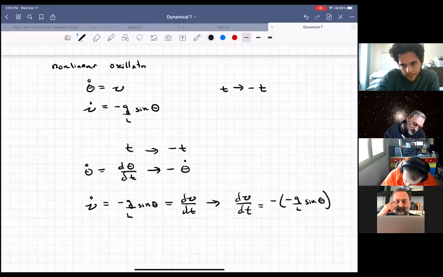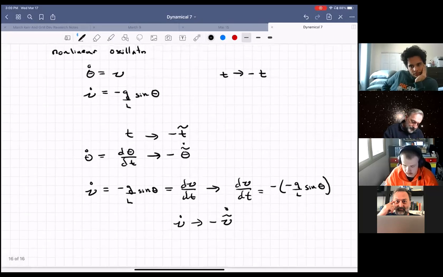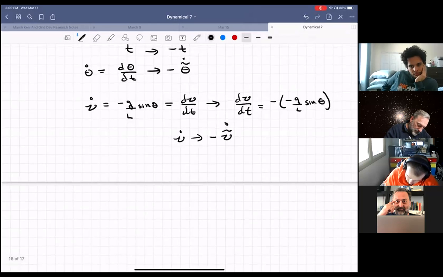So what I'm going to do is say that t is equal to t twiddle. Theta dot is theta twiddle, and nu dot is going to be minus nu twiddle dot. I haven't done this recently, so I'm tripping over it a little bit. So I have theta dot is nu.